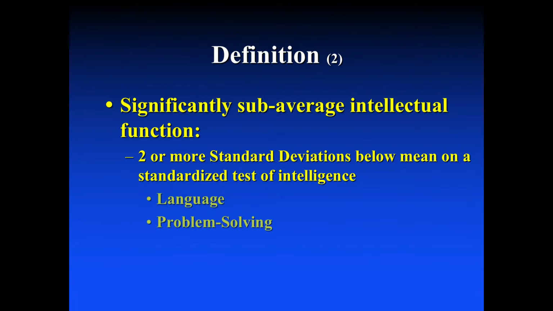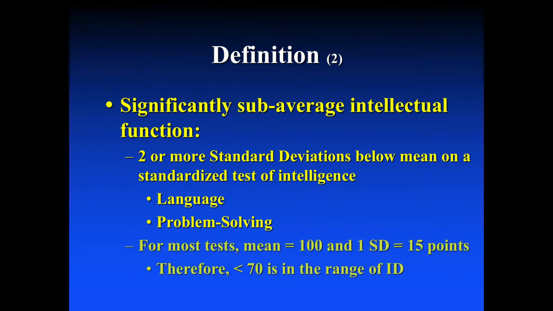And as we just got through saying, most standardized tests of intelligence lean very heavily on looking at language and problem-solving skills. And for most tests, the mean or average is 100, and one standard deviation is set at 15 points. Therefore, 2 standard deviations would be 30 points, and scores of below 70 are in the range of intellectual disability.